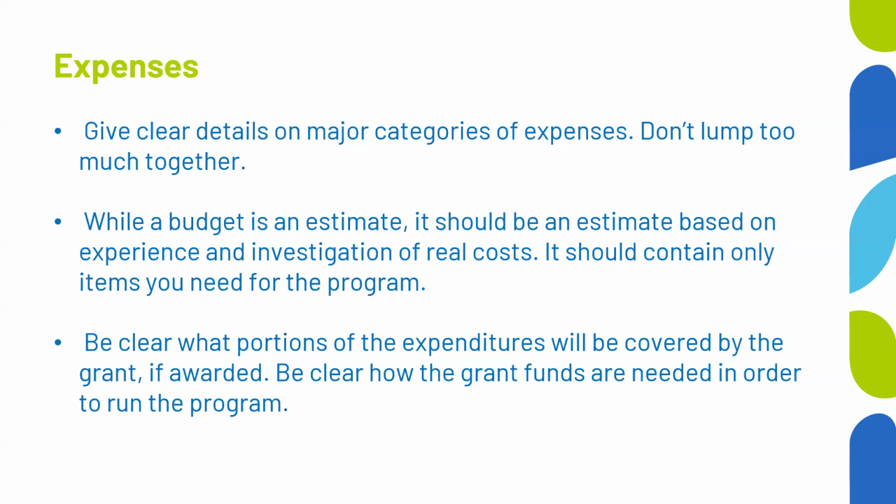So in some cases, for example, the complete funding picture of a project has staffing in it, but the staffing is covered off by a provincial grant that you have or provincial funding that you have or federal, I don't know. So if you can be clear, okay, our staffing is covered by this funding, but we need your help for the program delivery or for transportation to get participants to the program.